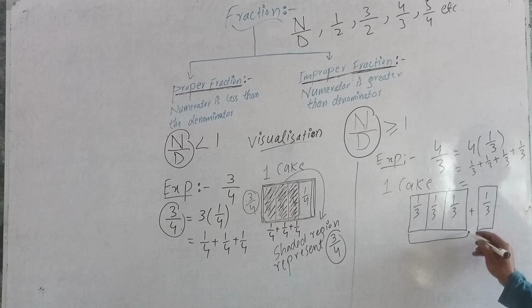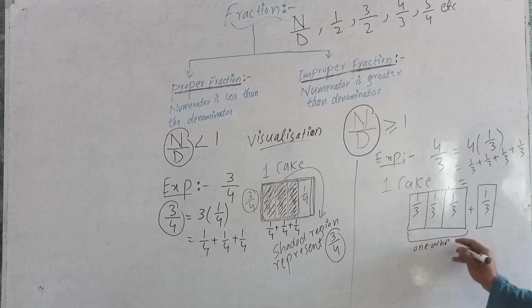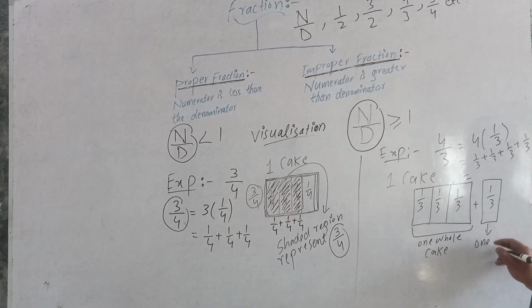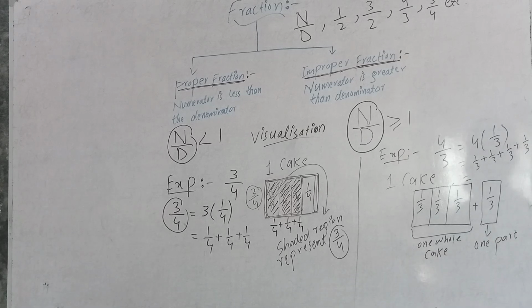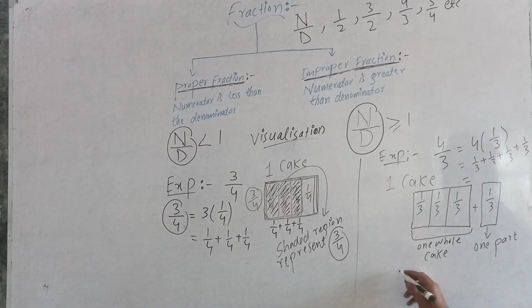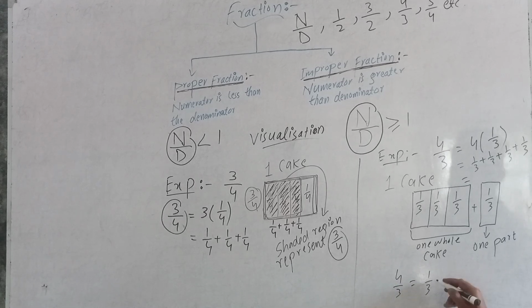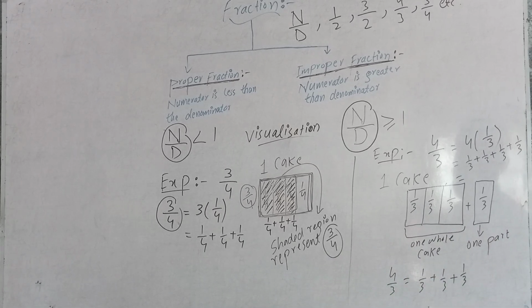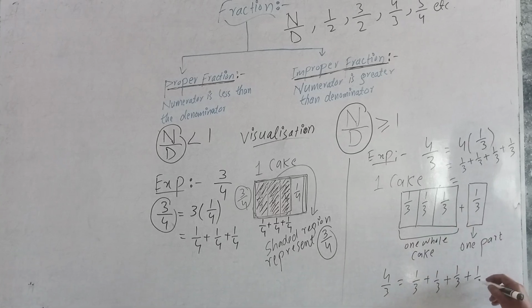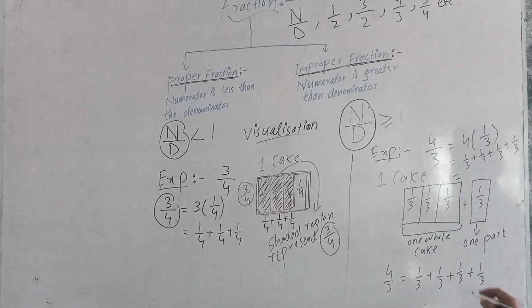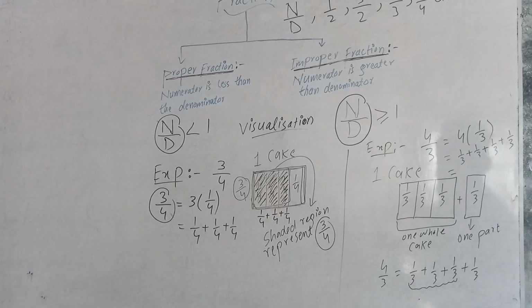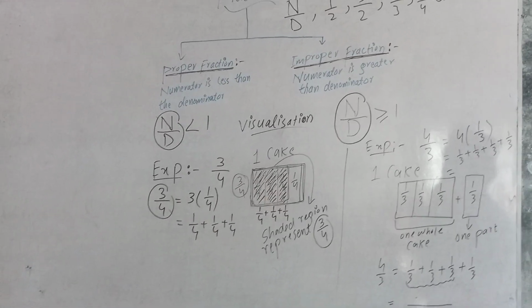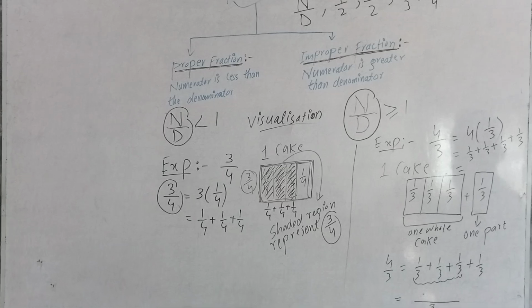So this is one whole cake, and this is one part. So 4 divided by 3 is equal to 1 over 3 plus 1 over 3 plus 1 over 3 plus 1 over 3. If we want to simplify 1 over 3 plus 1 over 3 plus 1 over 3, the LCM of these fractions is 3.